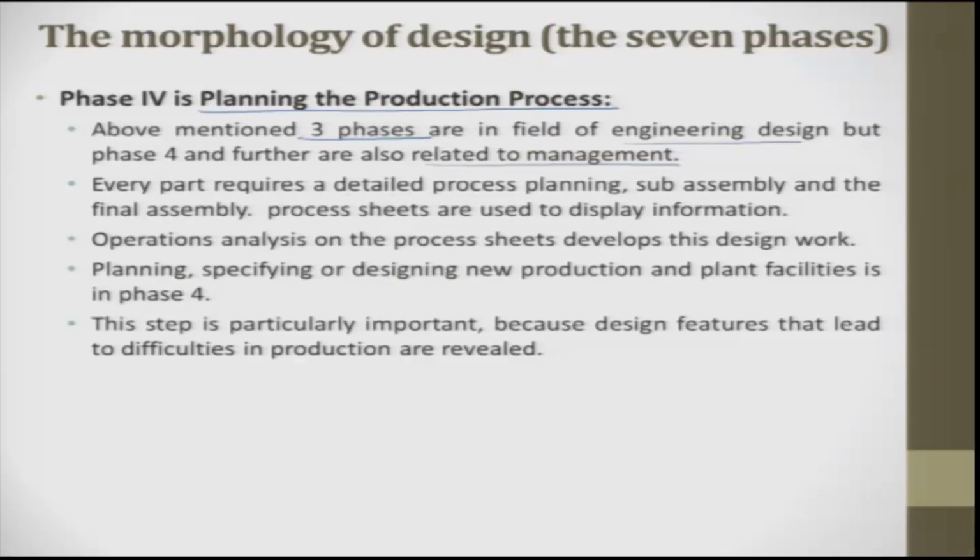Every part requires a detailed process plan, and here I would like to bring to your kind notice, for a manufacturing solution for a product, nothing is unique. You will have several alternative solutions.